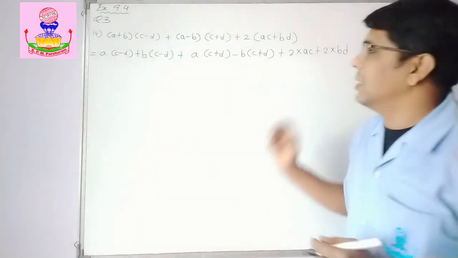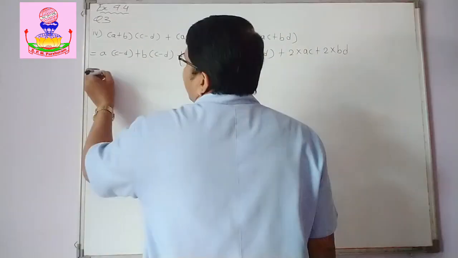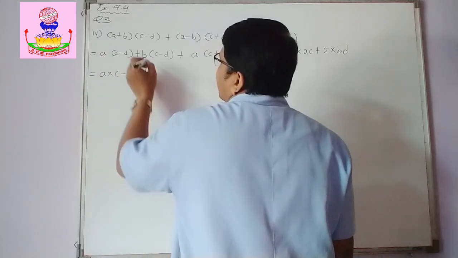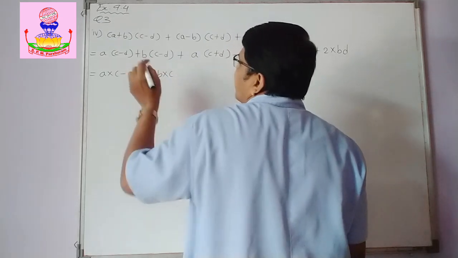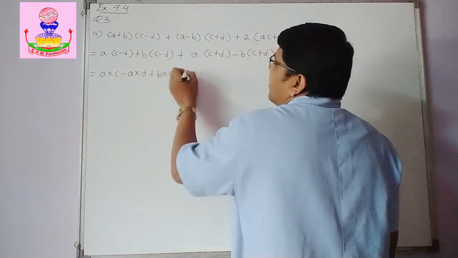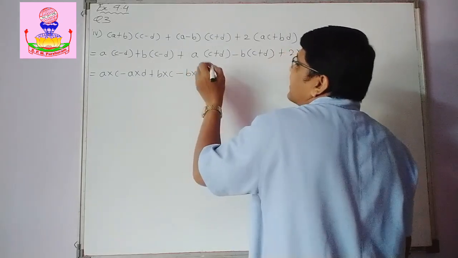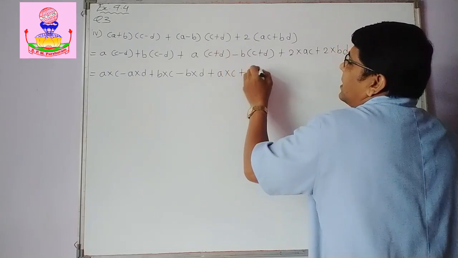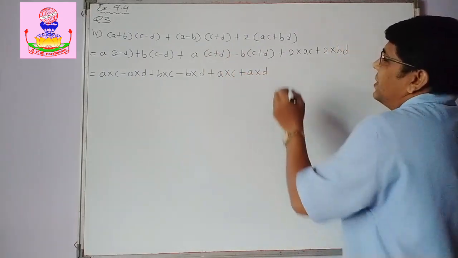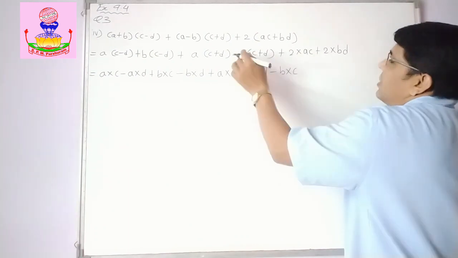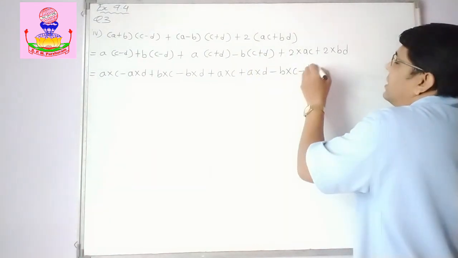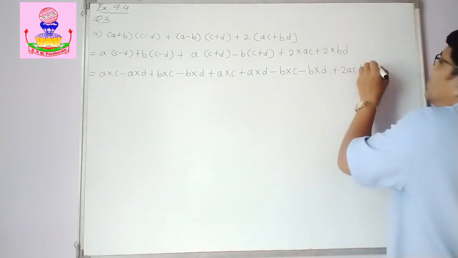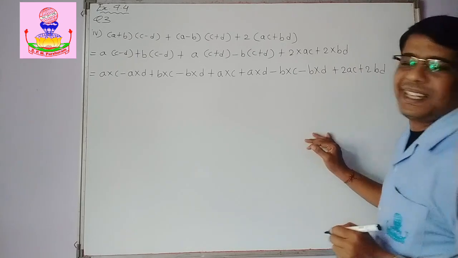Everywhere here, it is monomial by binomial. So open the brackets and multiply. A into C, plus into minus, minus A into D, plus B into C, plus into minus, minus B into D, plus A into C, plus into plus, plus A into D. Okay, minus B into C, minus into plus, minus B into D.